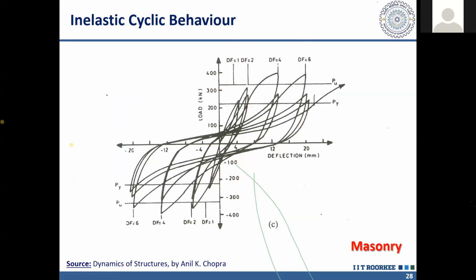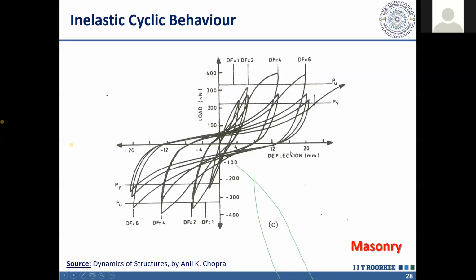And there is dynamic method. In dynamic method, we are considering cyclic behavior of the structure. So when we are considering cyclic behavior in dynamic analysis or nonlinear time history analysis, we can take into account the behavior under cyclic load. So this degradation can be taken into account.